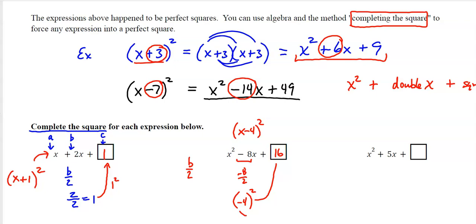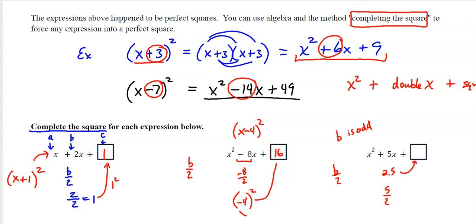This one over here is a little trickier because unfortunately in this case, b is odd, which is kind of a problem because when you divide it, you're going to get a decimal. So depending on which route you go, when I do b divided by 2, I'm either going to get 2.5 if you want to go to decimal world, or I'm going to get 5 halves if you want to go into fraction world. And depending on how I square it, I could get 2.5 squared.